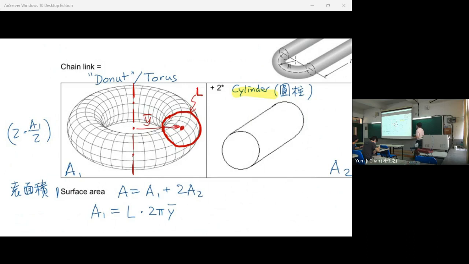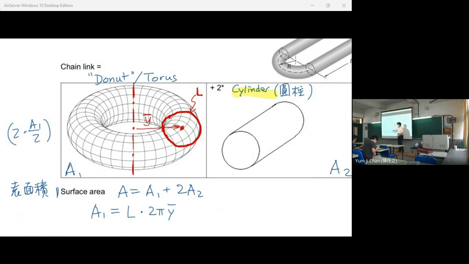This area is created by rotating this line by one revolution, and then we get this torus. So this is the distance traveled by the centroid, which is 2 pi y bar.